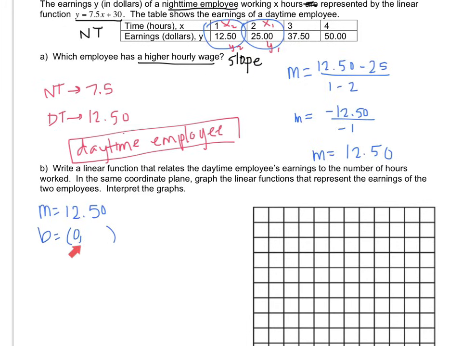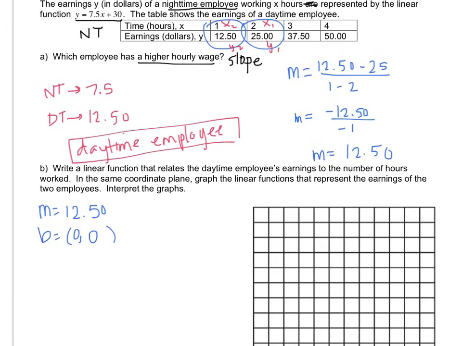But if x is 0, then I can backtrack. So if I know that every hour this person is making $12.50, let me use some logical reasoning skills and say, well, every hour they're making $12.50, so what would they make at 0 hours? Well, at 0 hours, they would make 0, so it would be 0, 0.